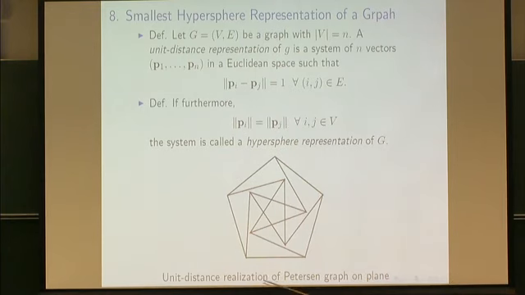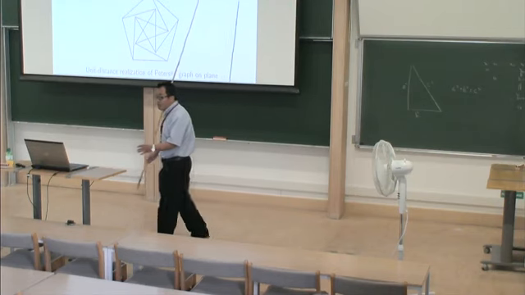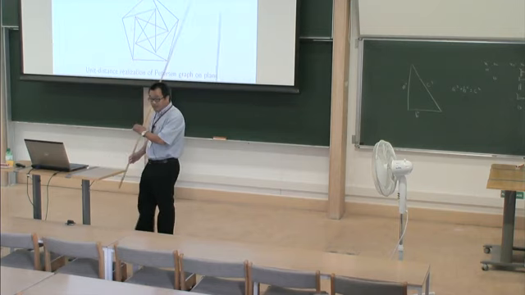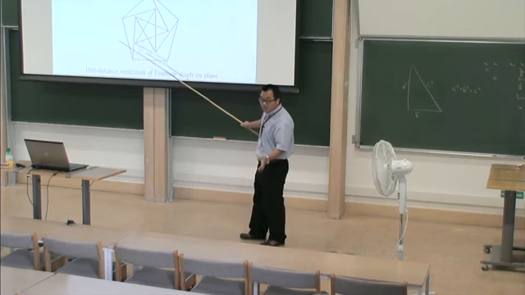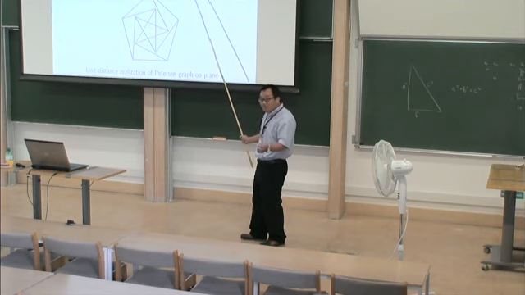For example, this is the Petersen graph on a plane. You see every edge has a unit distance, but the points are not on a sphere. Actually, you cannot do that: embedding the Petersen graph on a plane, with all the points on a circle and the distances being equal.